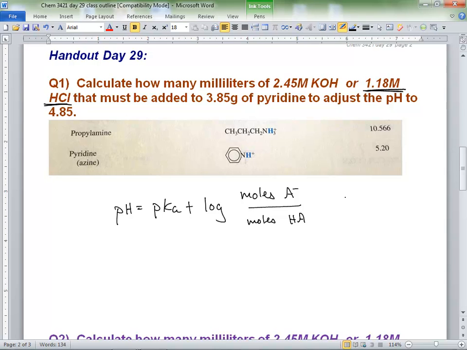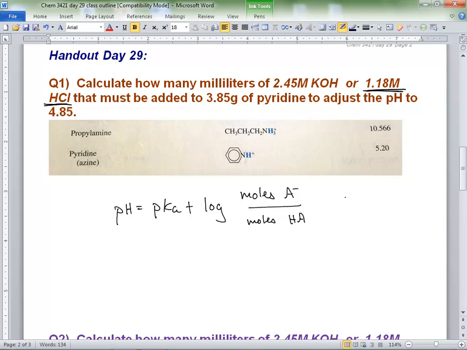You have to, because the name always corresponds to which form? The neutral form. The table always has the acid form, but some of them are not all neutral. Like this one, it's not neutral. So the conjugate acid of pyridine has a charge on it.